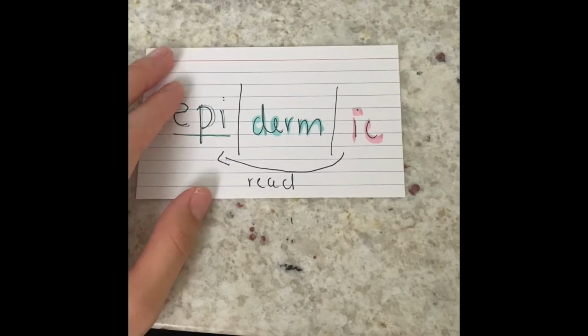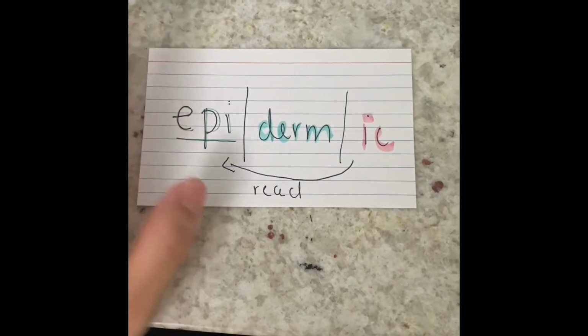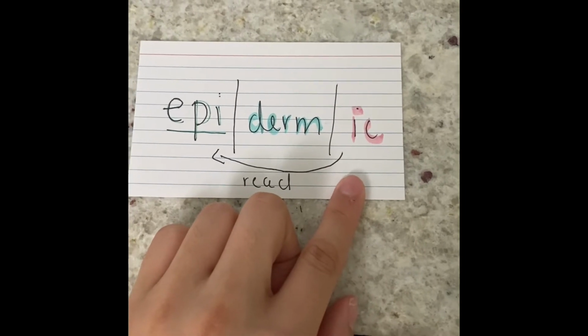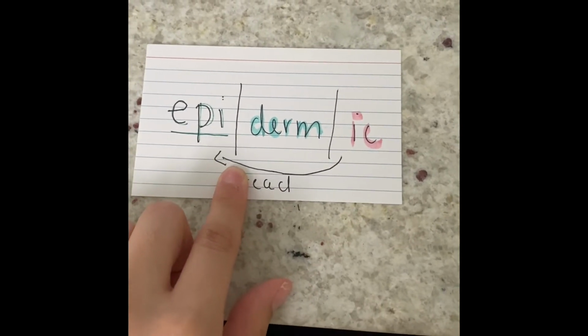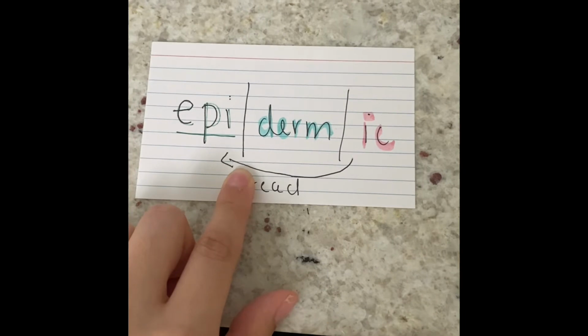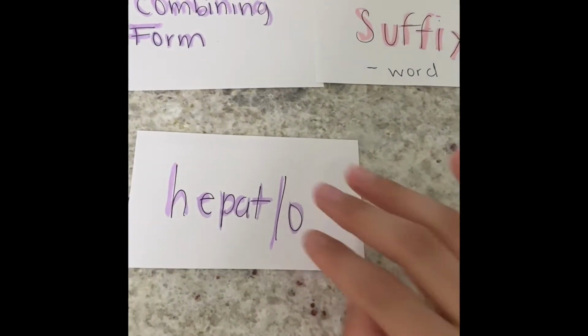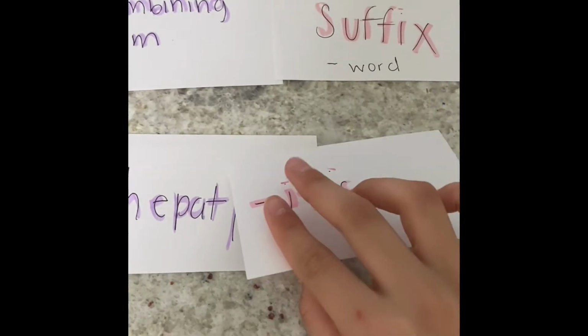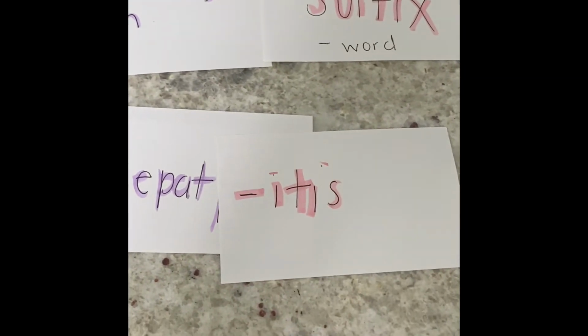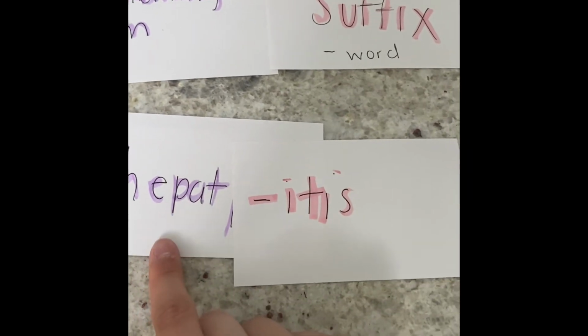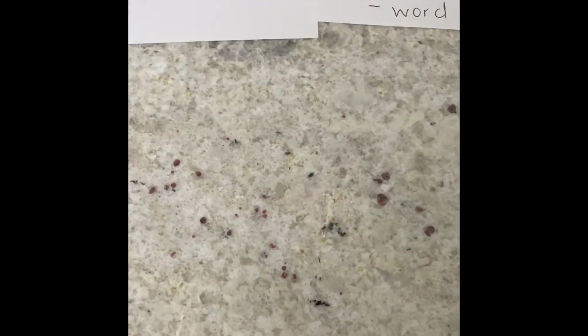So when reading this word, you would read the word backwards, which would be -ic means pertaining to epiderm, which means above or on the skin. Another example would be hepatitis, where -itis means inflammation and hepa means liver.